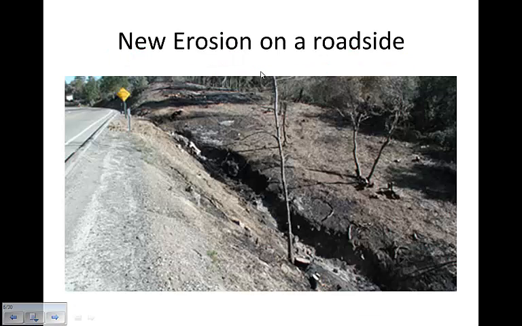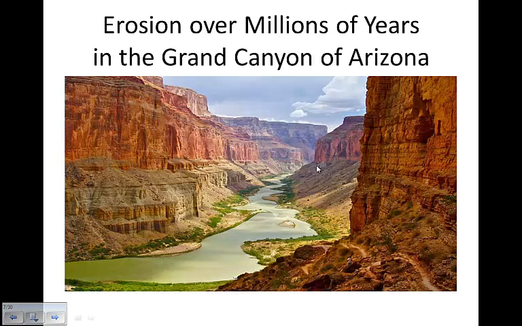For an example, here we have new erosion on the side of a road. We see that's new erosion happening. And the Grand Canyon in Arizona is an example of millions of years of erosion. Now, does it have to be millions of years? No. We know there are all kinds of events that could cause that erosion.